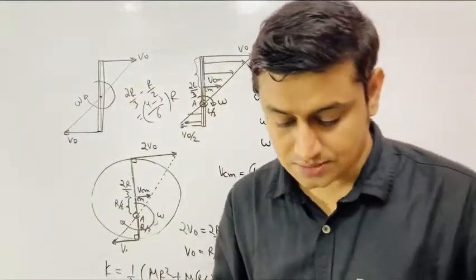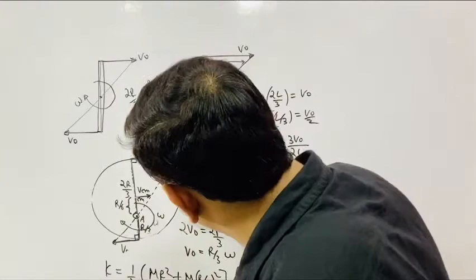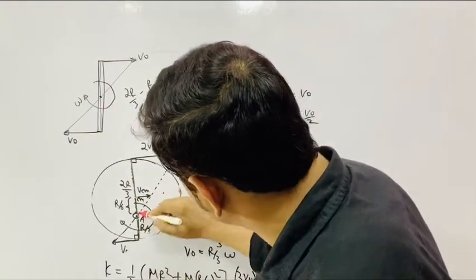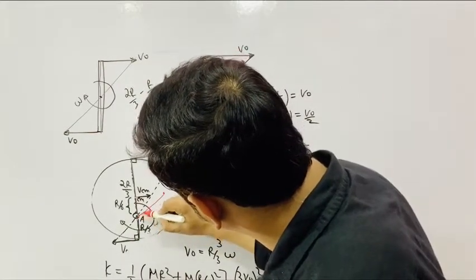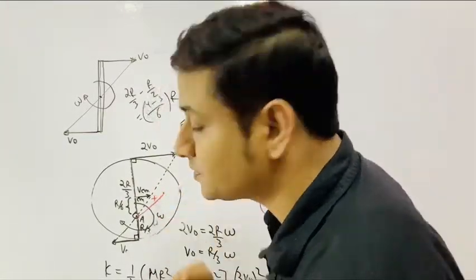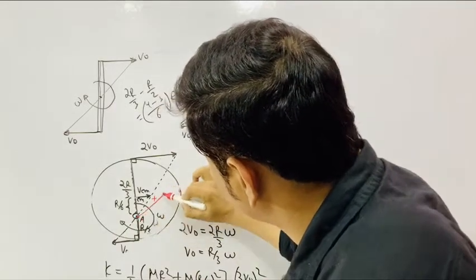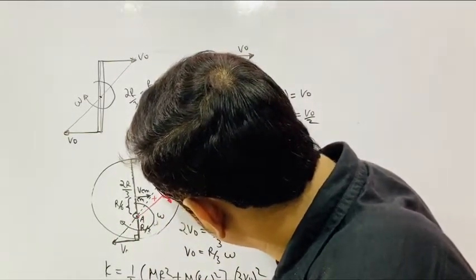If you are asked what is the speed of this point, the net speed, or of any point on this disk, just join this point to this axis. Let this distance be x. If you know this distance, call it x, then multiply it with omega.